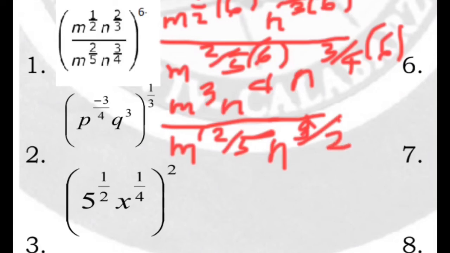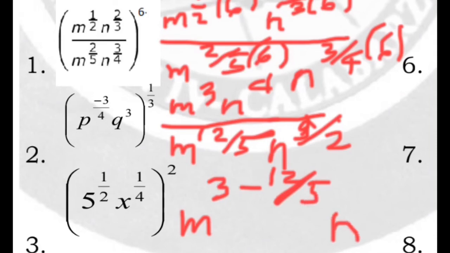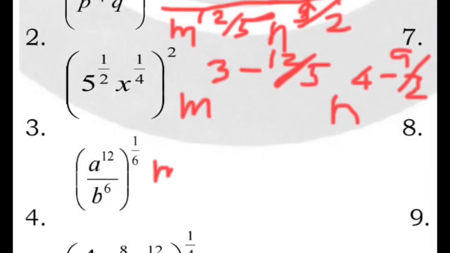Then applying quotient of powers. So we're going to have m, then the exponent of the numerator is 3. So 3 minus 12 over 5 times n to the power of 4 minus 9/2 for the denominator. Then our answer should be m. So 3 minus 12 over 5.